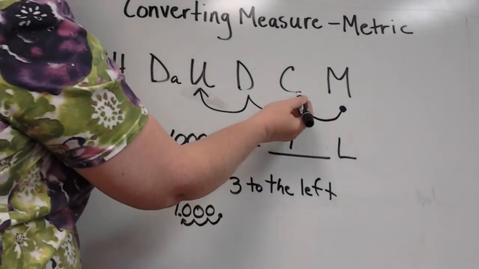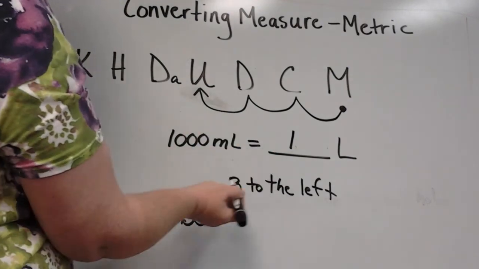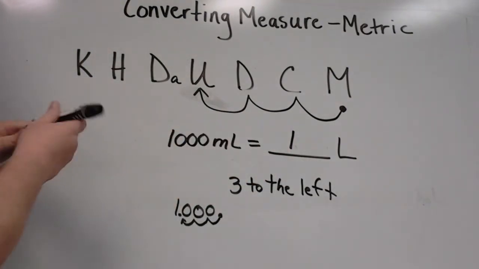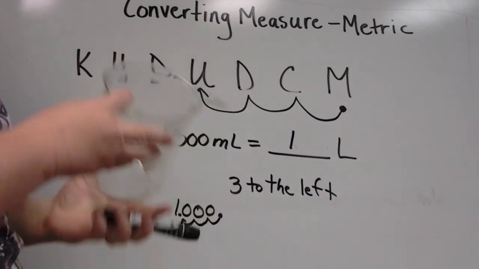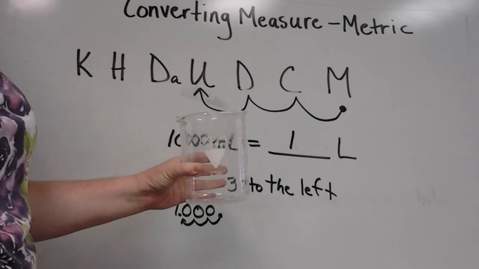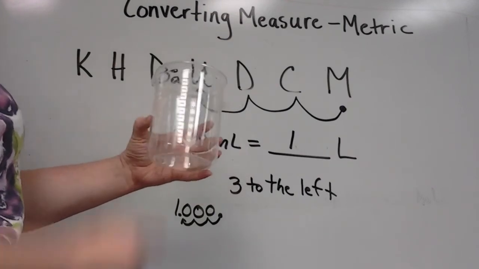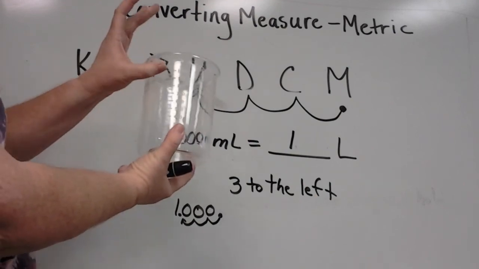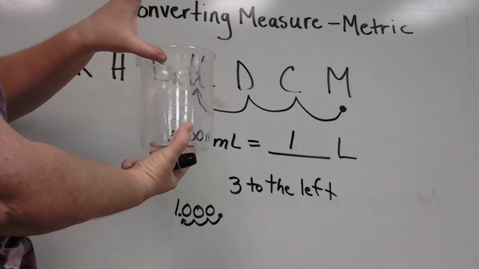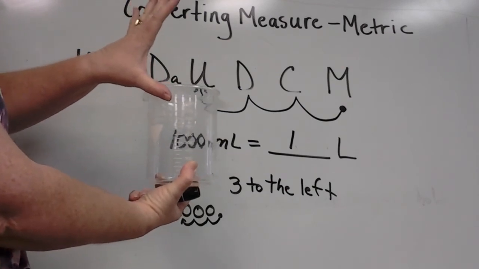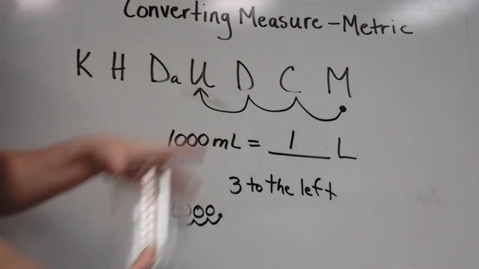Whatever I do up here on King Henry, I get to do the same thing to my number. So now, I just found out this is 1,000 milliliters and it's 1 liter. So now you can see what 1 liter looks like right here at this line. Makes sense. If you stacked another beaker on top of this, wouldn't that be about the same as a 2-liter bottle of soda? Of course it would.